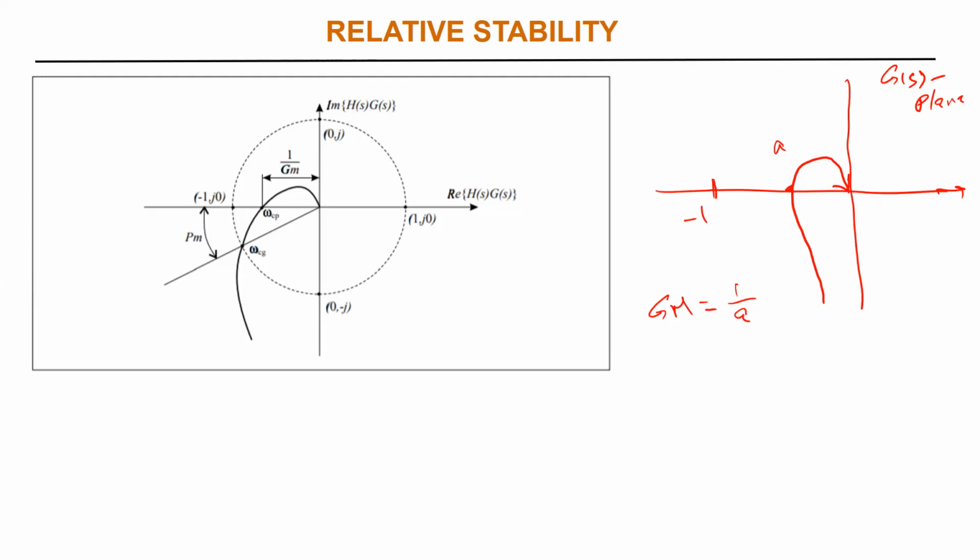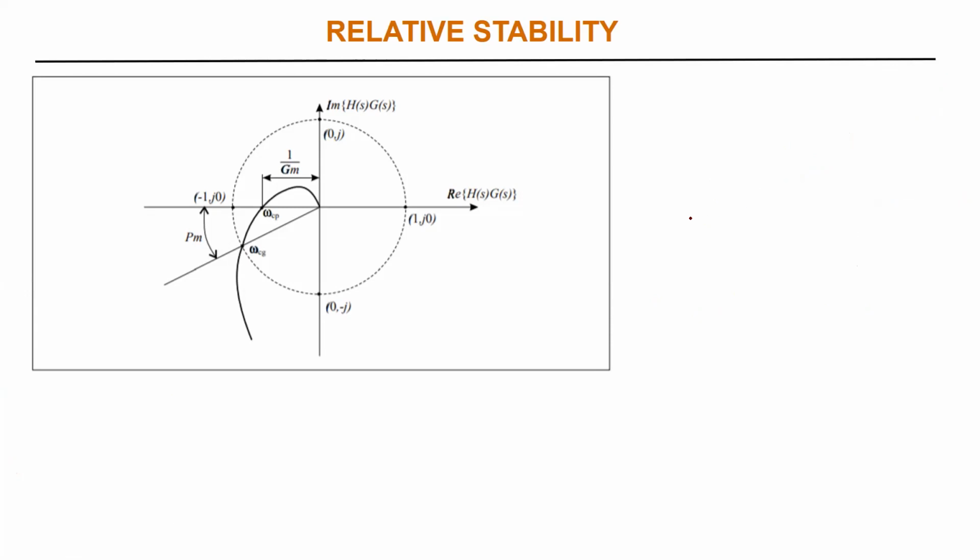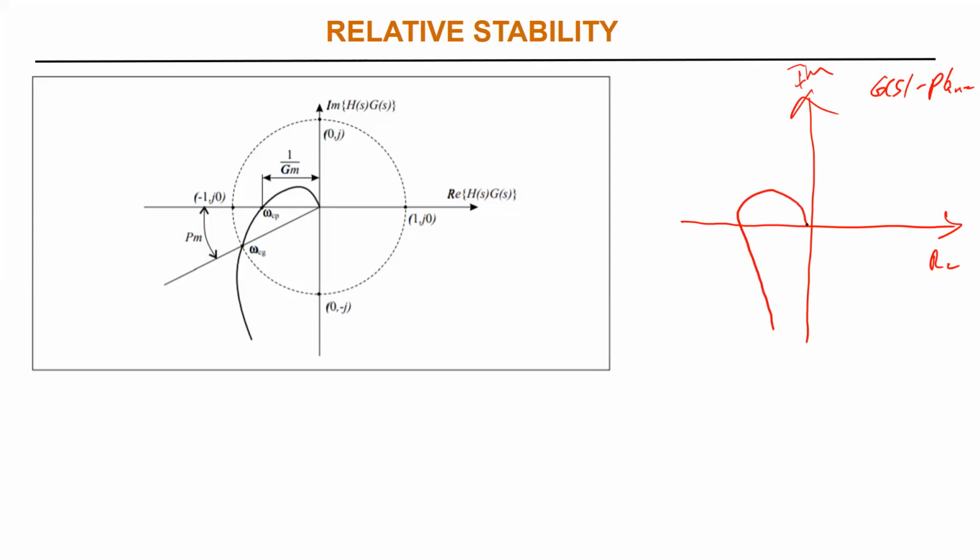Now let me come again. I need the phase margin. Again, G of S plane, sigma or real and imaginary. And again, this is what I have. Suppose this is the minus 1.